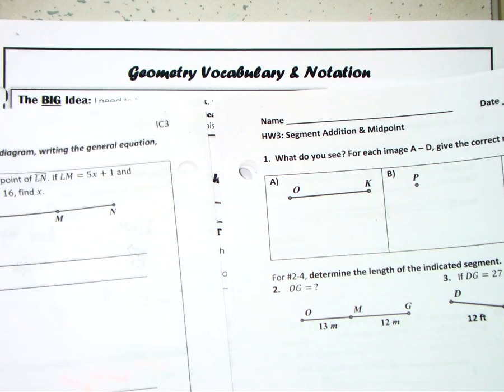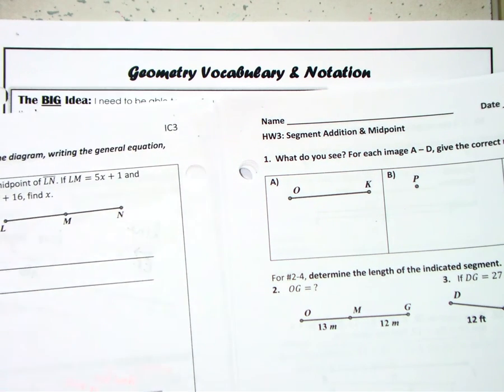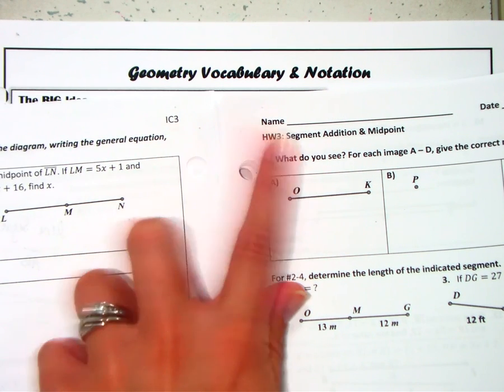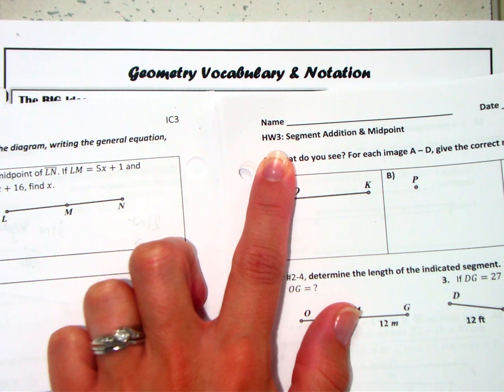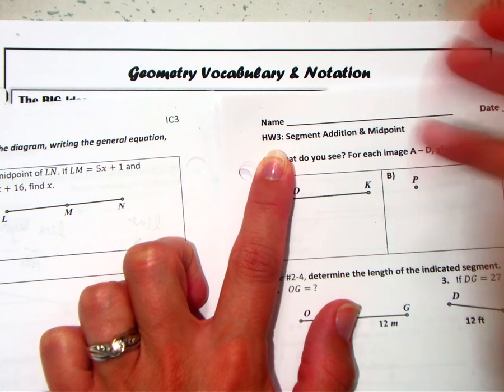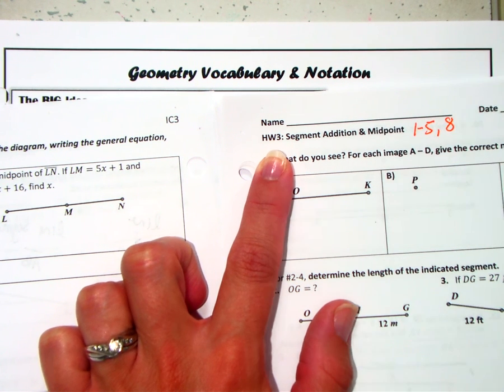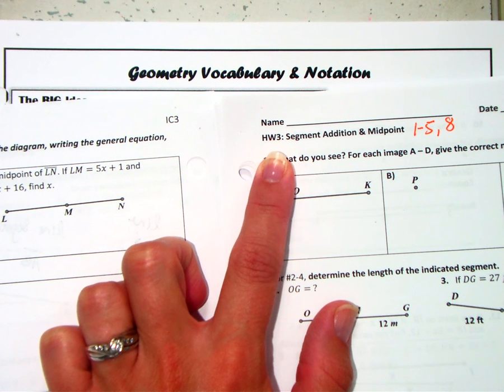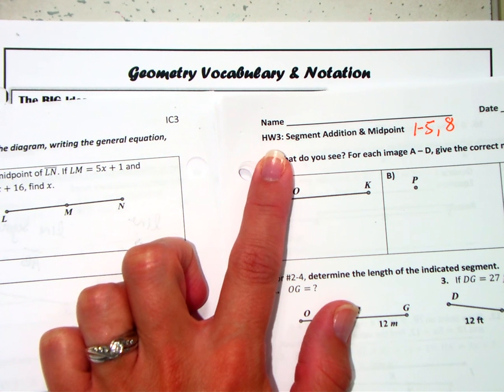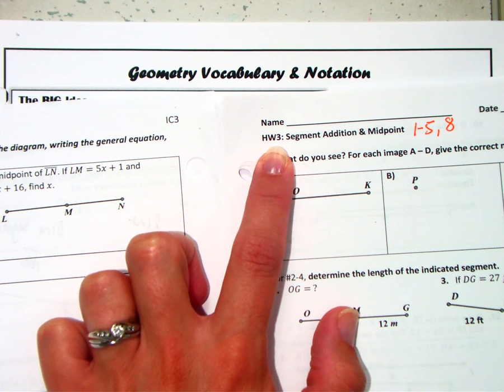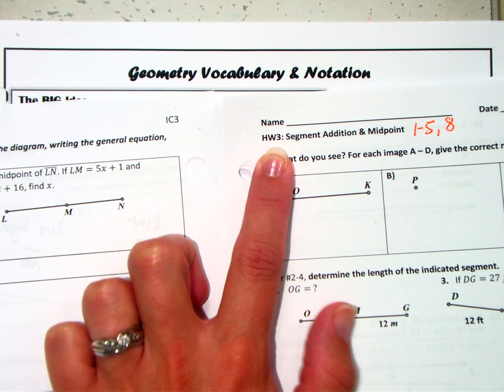Okay, so those of you who are online only, it says in class 3, we just finished that, and then homework 3 is the homework for tonight. So homework 3, 1 through 5, and number 8. If you're not online only, then it is a separate packet, but it says homework 3 at the top. So 1 through 5 and 8 is the homework that goes with these notes.